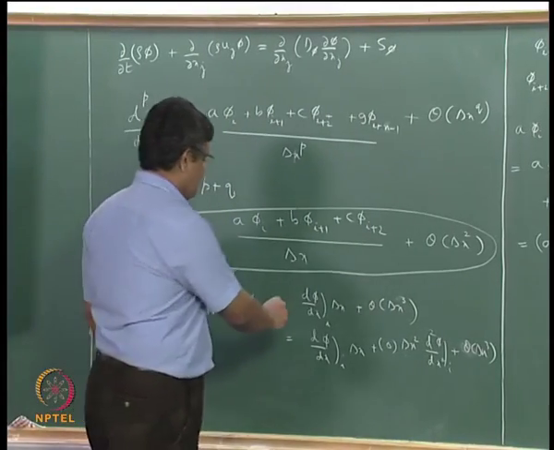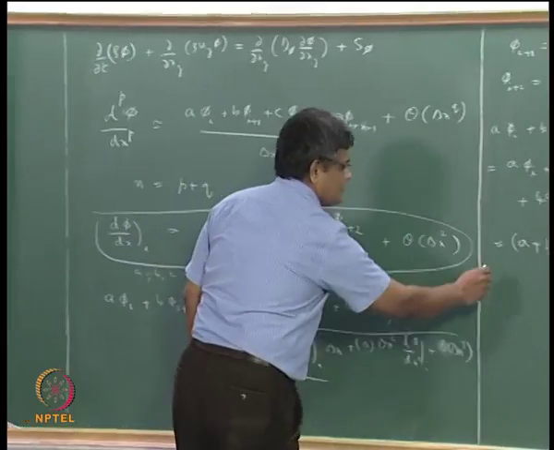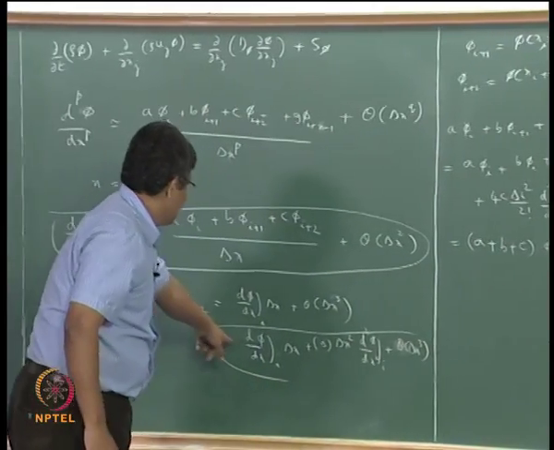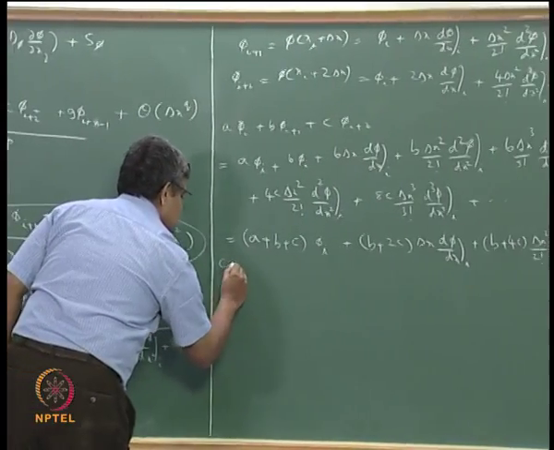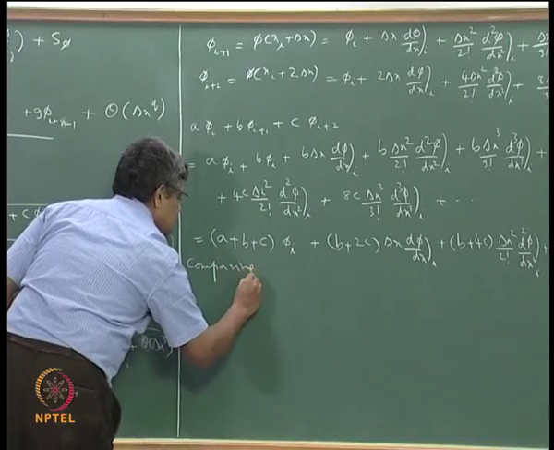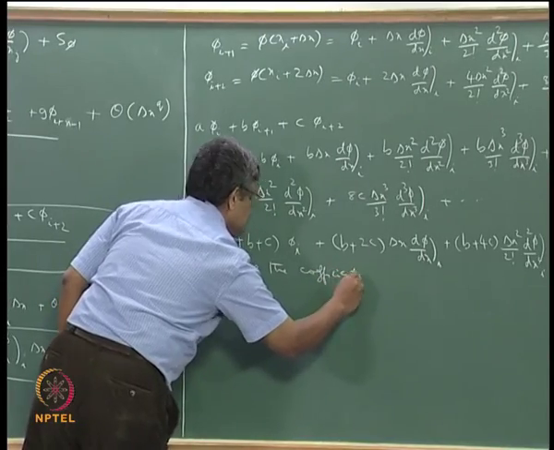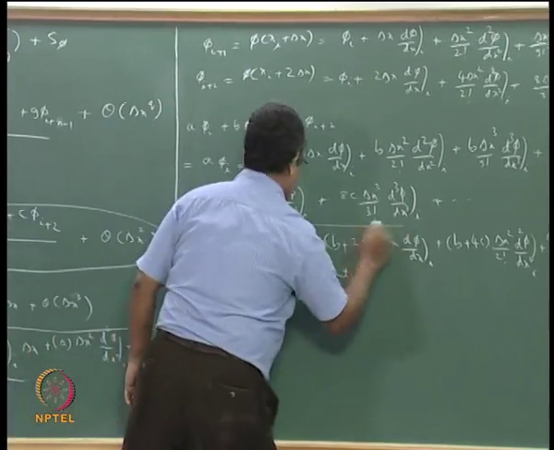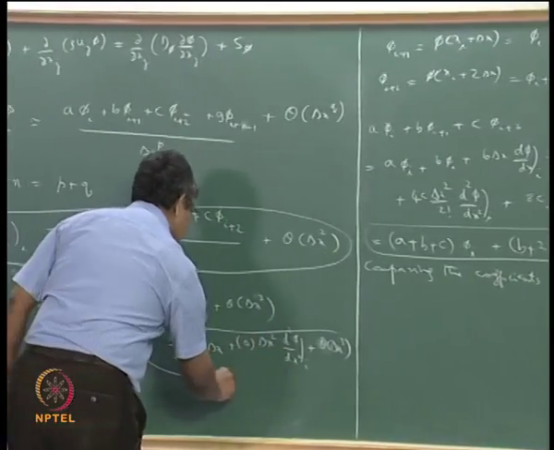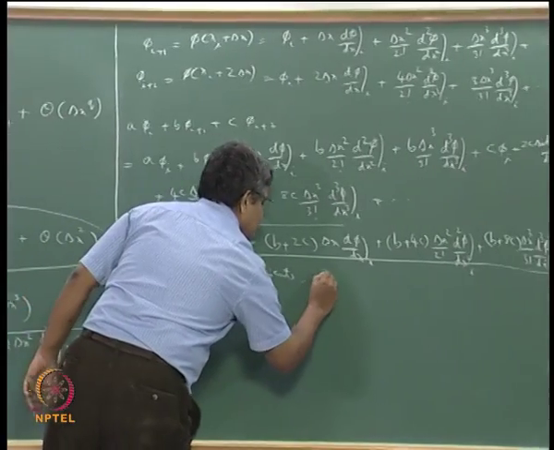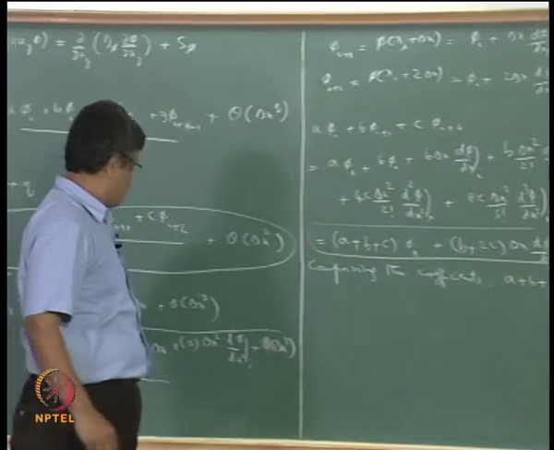So we compare the coefficients on the right hand side of this and this expression, and we can see that here there is no phi I term. So comparing the coefficients, we see that a plus b plus c must be equal to 0.